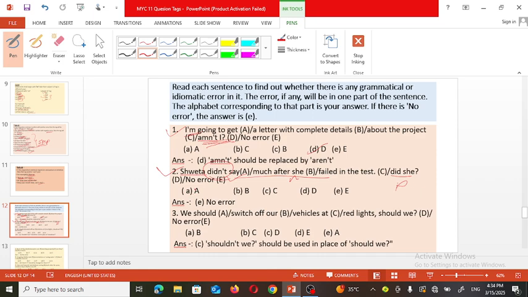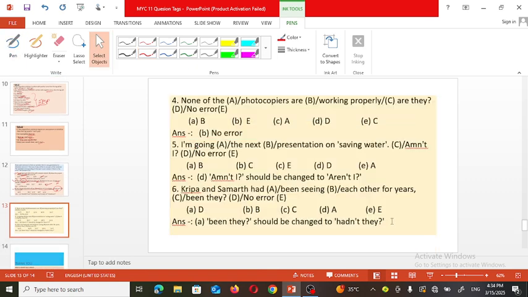So this is a correct statement, no error, option E. Now see the third one. "We should switch off our vehicles at red light." Here the sentence is already in the positive sense, so our question definitely must be negative, but here "should we" is used. So there is the error. Instead of "should we" we have to use "shouldn't we".